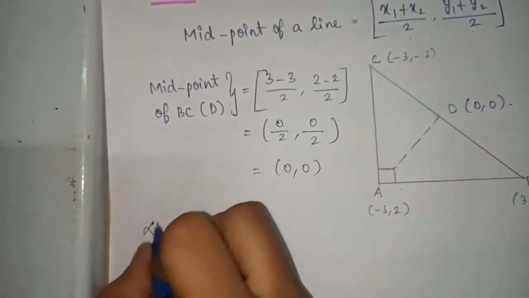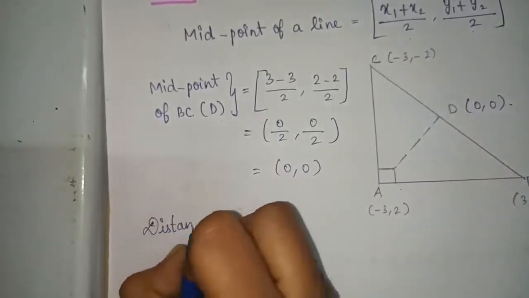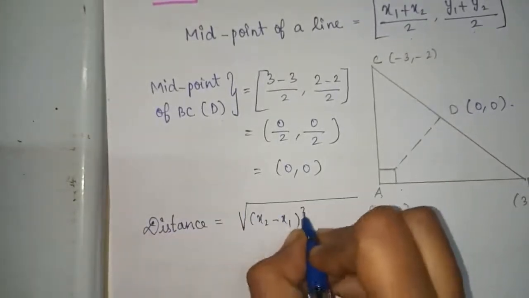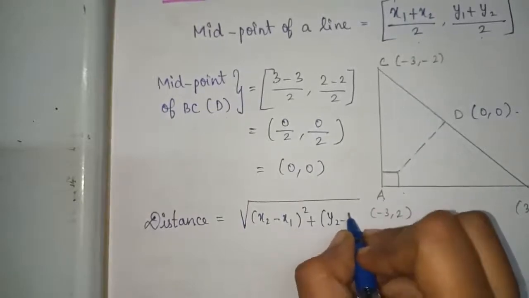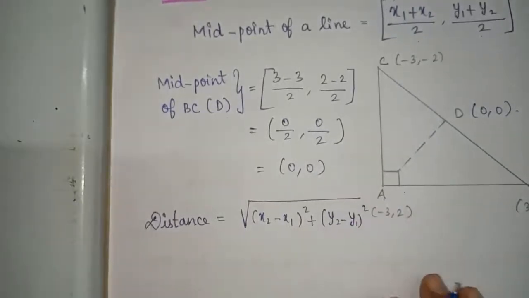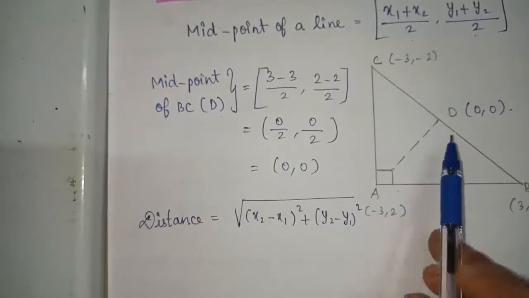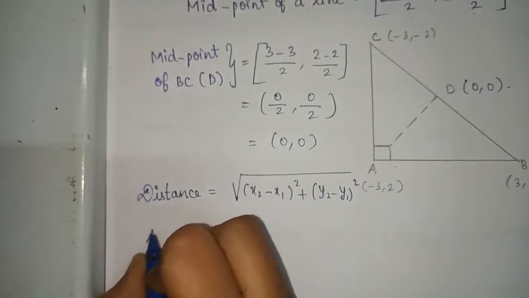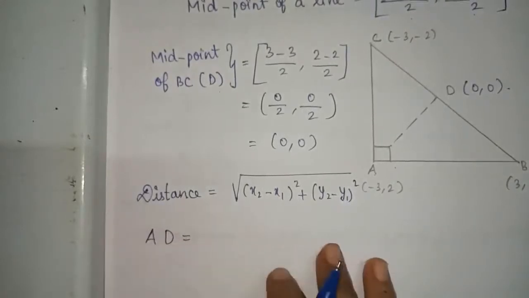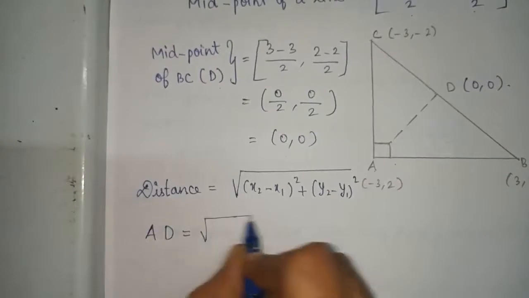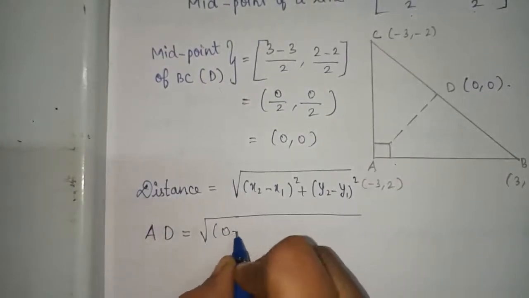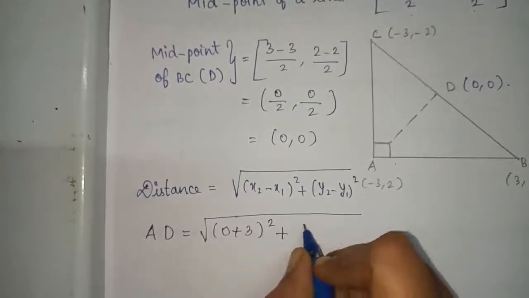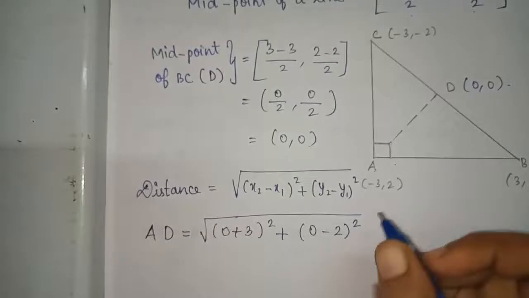So we know the distance formula. Distance is equal to the root of (x2 - x1) the whole square plus (y2 - y1) the whole square. We have to show the midpoint of the hypotenuse is equidistant from all the vertices. Therefore, first we are taking AD. So AD is equal to the root of (0 + 3) the whole square plus (0 - 2) the whole square.